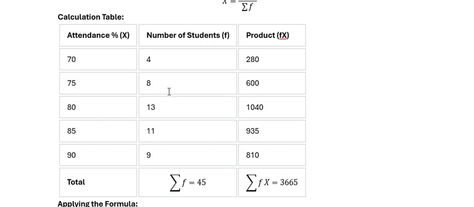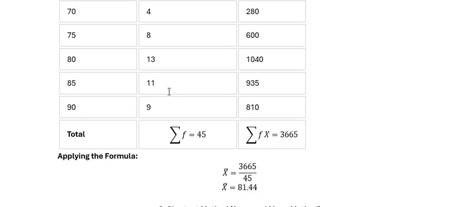And for fx, we have to take sigma fx. So make the total of it: 280 plus 600 plus 1040 plus 935 plus 810. The amount coming here is 3665. So the formula which we know, we are going to put here: mean is equal to sigma fx upon sigma f.